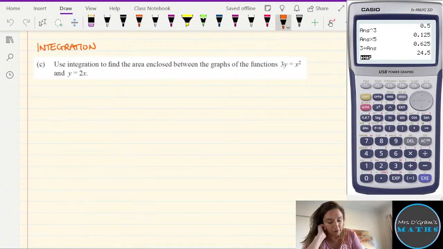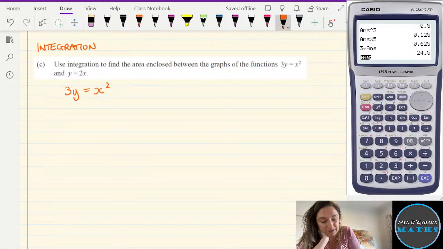If we set the y values equal to each other, I'm going to write this out again so I can see them more clearly. That's an x. If we set them equal to each other, I'm going to turn this into 3y equals 6x.